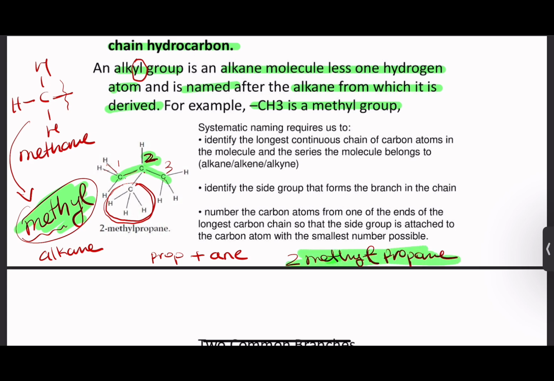Okay, so you can read this stuff, but I just pretty much did it at practice with you. I identified the longest chain, and then I identified the side group that forms the branching chain, which is this guy, and then number the carbon atoms from one of the ends of the longest carbon chain so that the side group is attached to the carbon atom with the smallest number possible. You see, again, the smallest number possible.